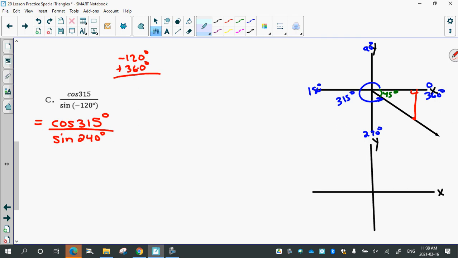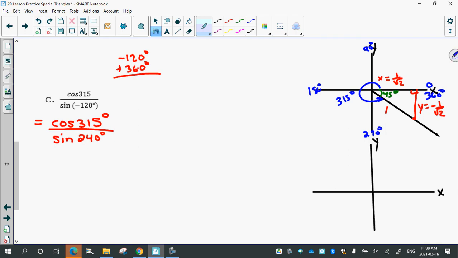And label the sides. Okay, so my 3 sides should be 1, x should be positive 1 over root 2, and y should be negative 1 over root 2.